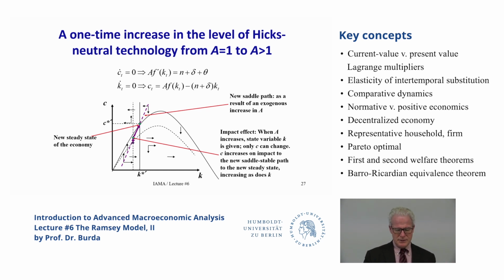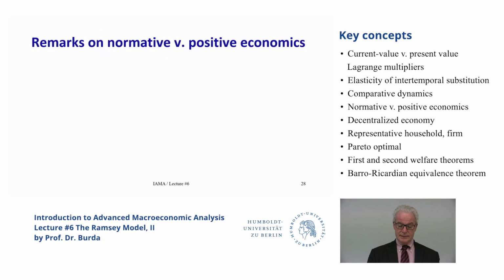So it makes sense for the agents to sort of grow into this. The current generation should also benefit, and that would cause the current generation's consumption, according to this optimal plan, to rise instantaneously, and then upon impact, both capital and consumption per capita rise to the new green dot, to the new steady state.